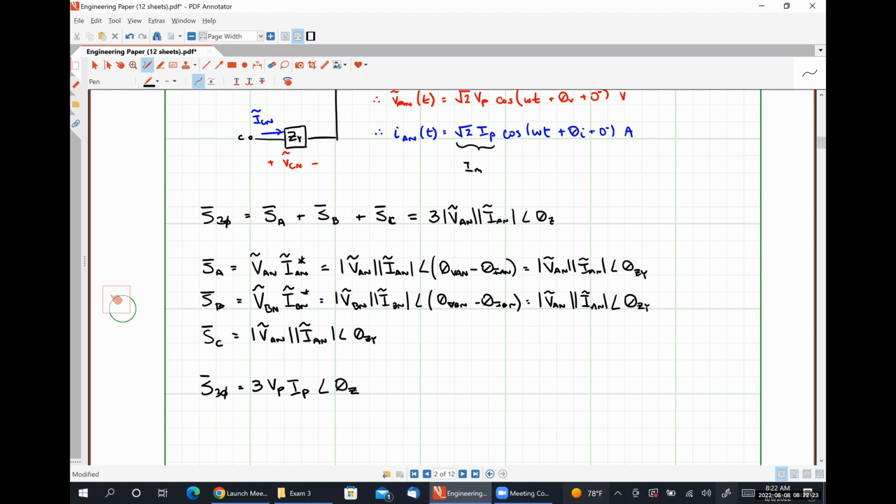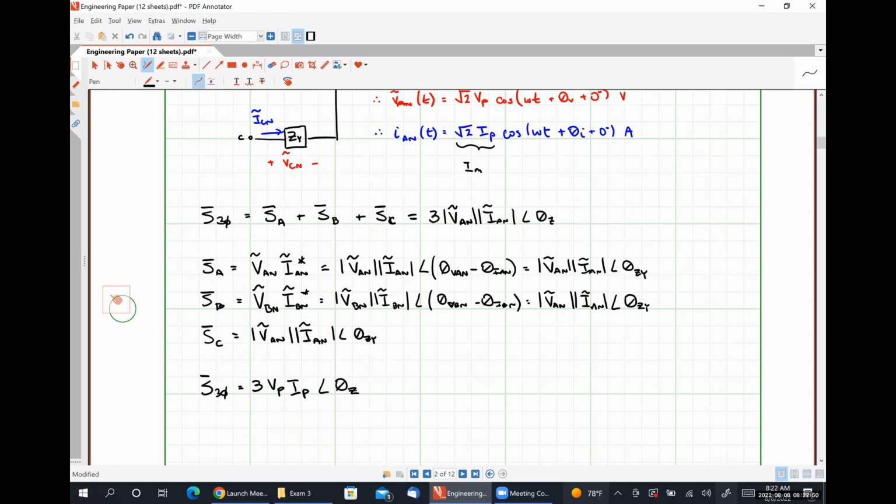So phase voltage and phase current. What is incredibly interesting is that we can use this relationship to determine what happens from delta connected systems as well.